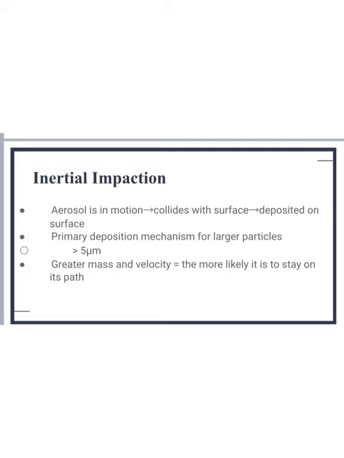It's the primary deposition mechanism for larger particles, greater than 5 micrometers. The greater the mass and velocity, the more likely it is to stay on its path. So this is primarily going to happen in the larger airways.